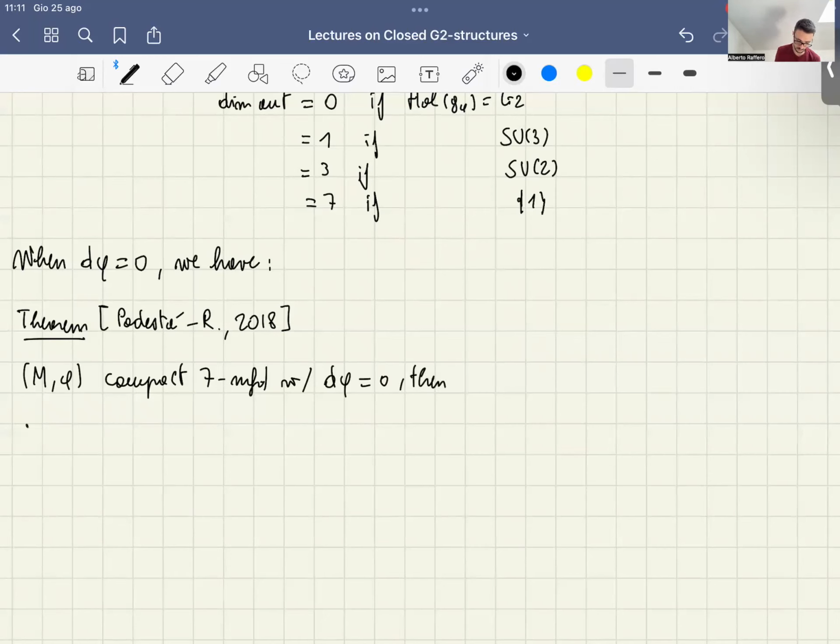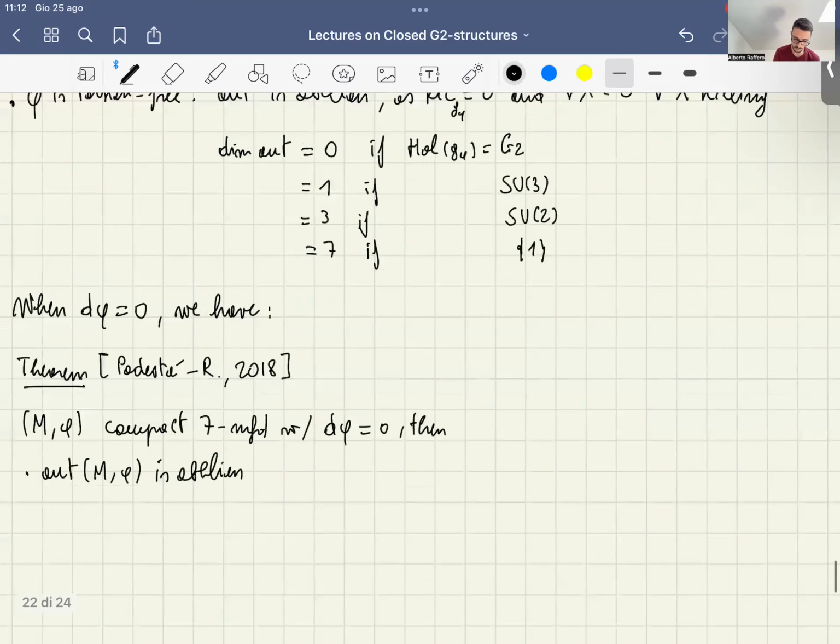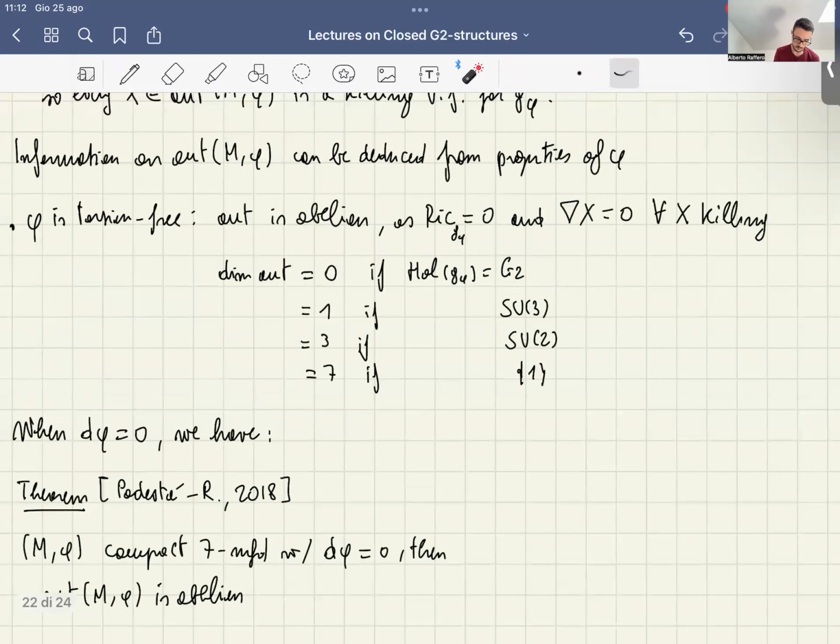then what you can show, first of all, is that also in this case, the Lie algebra of its automorphism group is abelian, as in the case of torsion-free G2 structures. But here, this fact immediately follows from the fact that all Killing fields are parallel and the fact that the Levi-Civita connection is torsion-free.